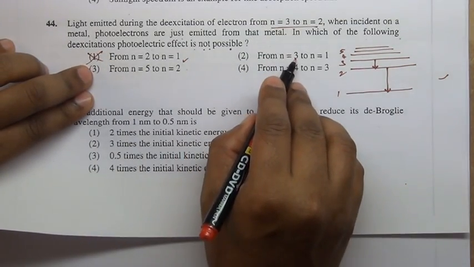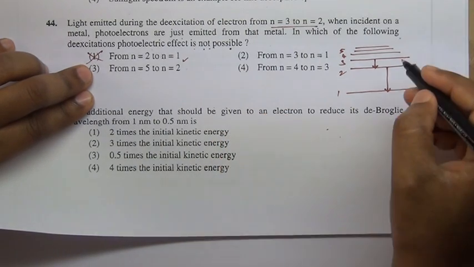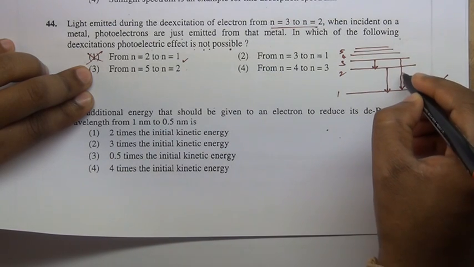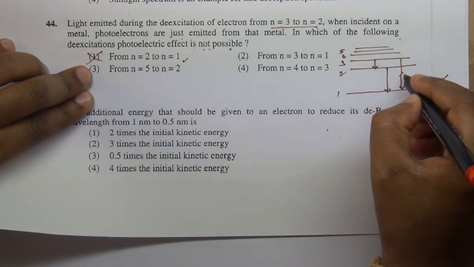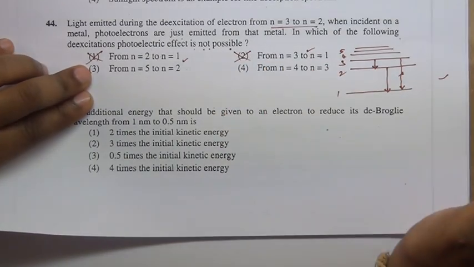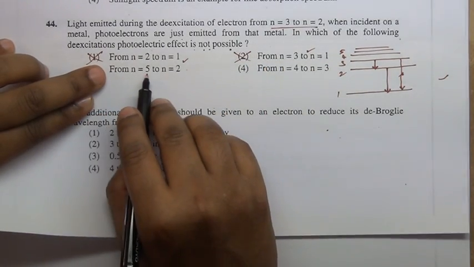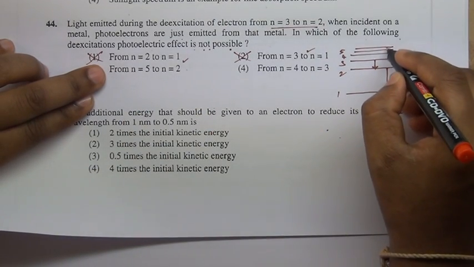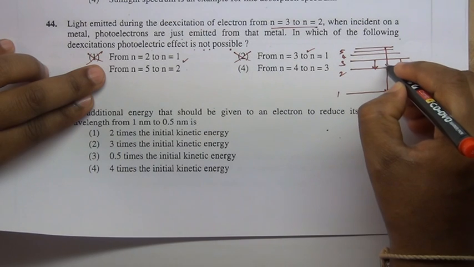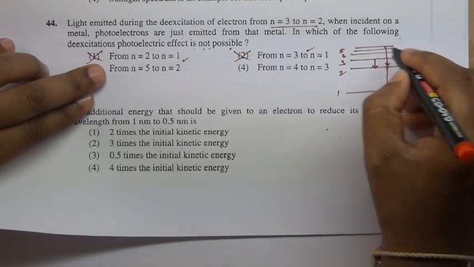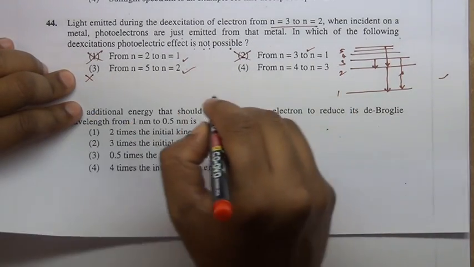From n equal to 3 to 1, even this line is longer than this, therefore photoemission is possible and not the answer. From n 5 to 2, this length is also greater than this, nothing but the energy of this de-excitation is greater, therefore emission is possible, not the answer.